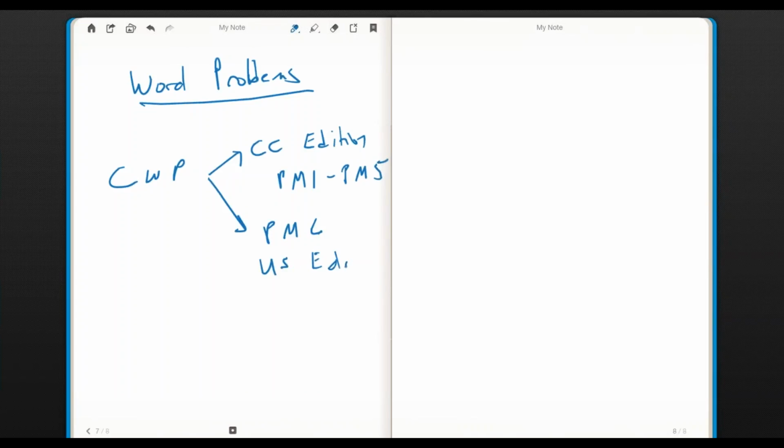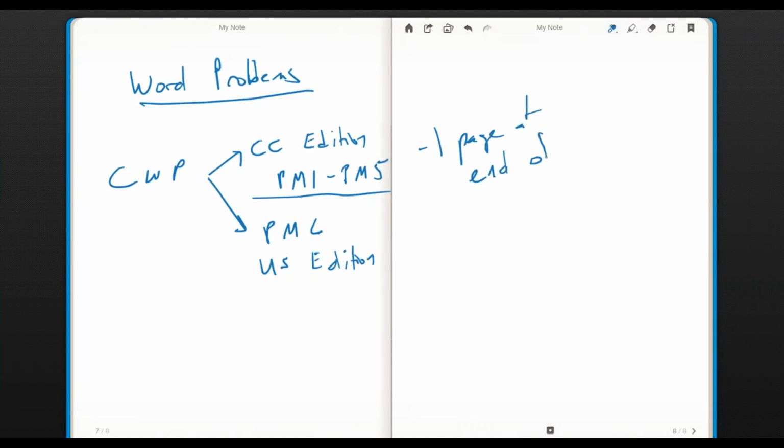So what happened was when Singapore Math started making the Common Core edition, they just transferred all the Challenging Word Problems into the Common Core edition, and they stopped selling the US edition of the Challenging Word Problems. The difference is you subtract one page at the end of each section. So that's the only difference. And also it added a hint on some problems.